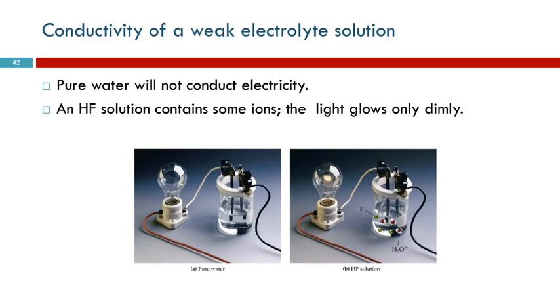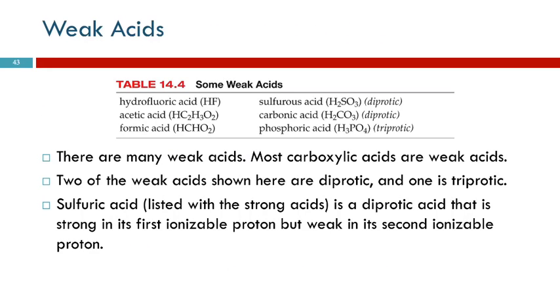So here's an example of what happens when you put a weak acid in the solution. The light bulb will glow, but only a little bit. It's a weak acid, a weak electrolyte. You get a weak light bulb glowing, weak light, okay? Because there's only a few ions to conduct the electricity. Here are some of the weak acids.